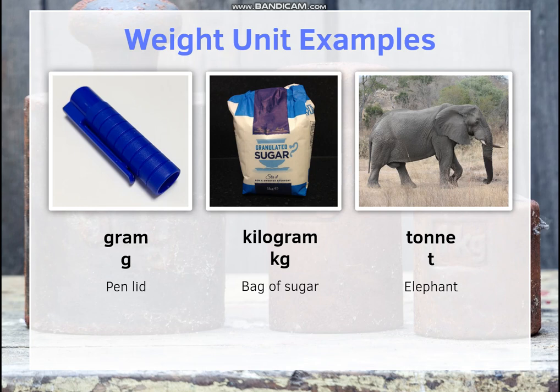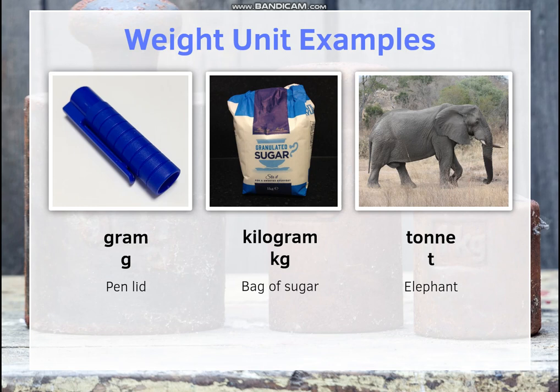Okay, so that's just to give you a feel for the different units that we use. So we have grams for measuring very light items. 1,000 grams then give you is a kilogram, and that's, you know, items like sugar and other baking items. Very often you might talk about them in terms of grams and kilograms.